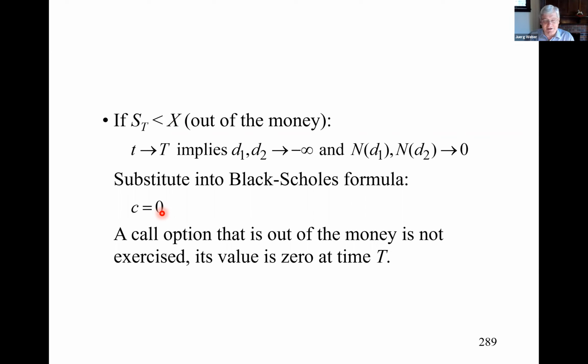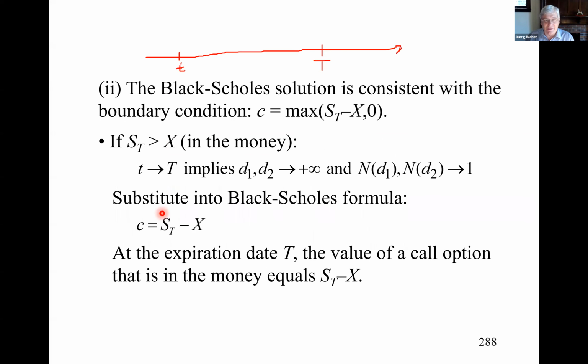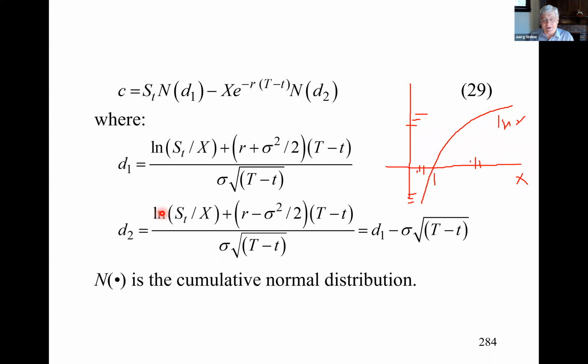Okay, the formula looks quite complicated, but one can really discuss it along those lines, whether it makes sense. And naturally, you can also rigorously derive it, as it's done in the appendix in the Hull book.